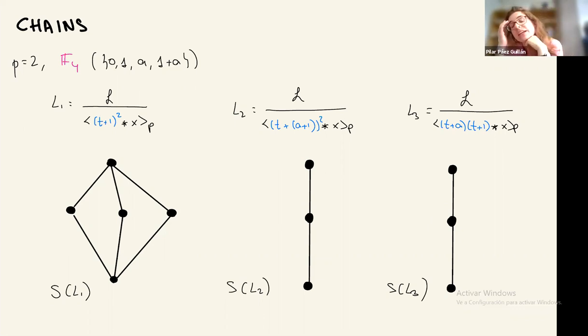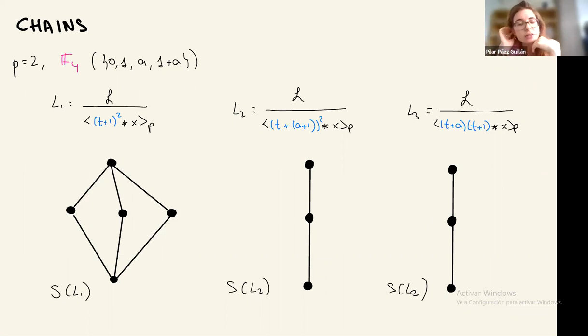Also in the example on the right, I consider the product of two different irreducible skew polynomials. I would expect in my naive approach to have kind of a rhombus. Well, I still have a chain.